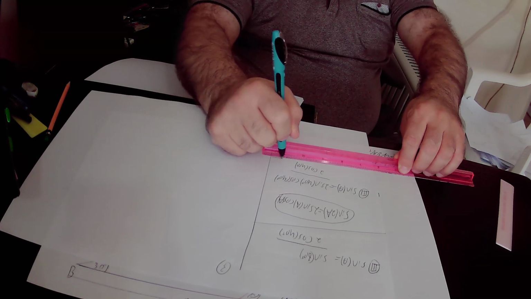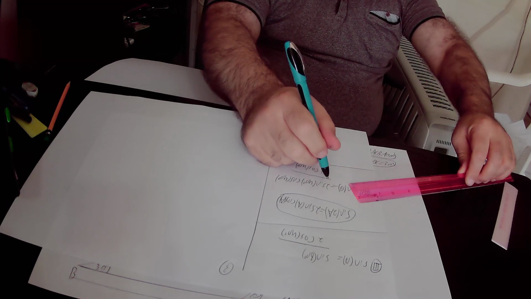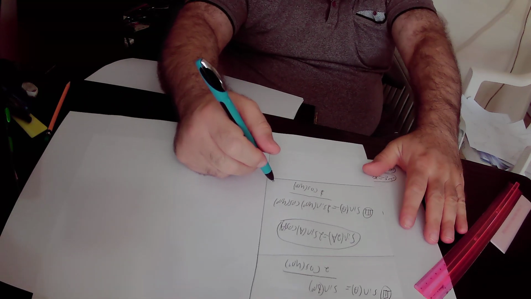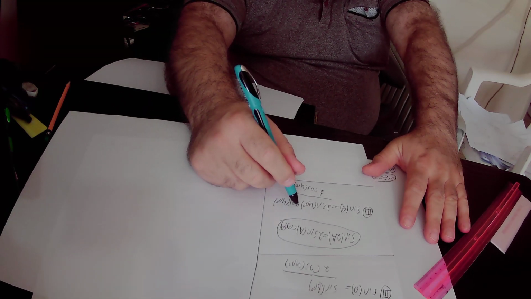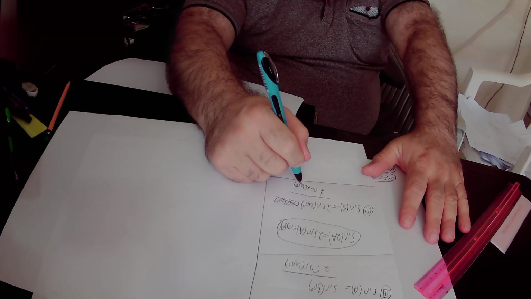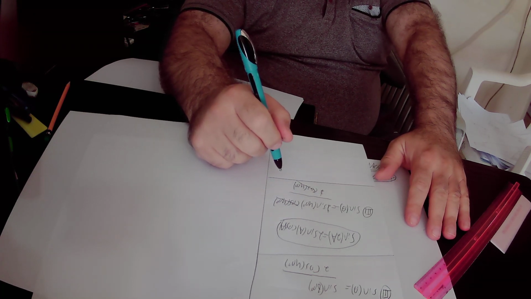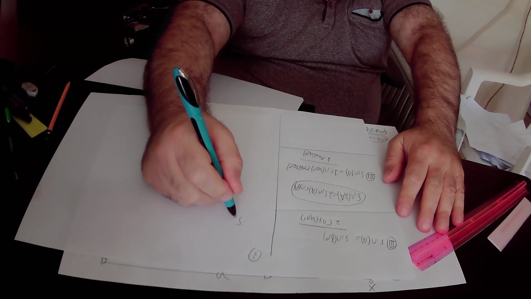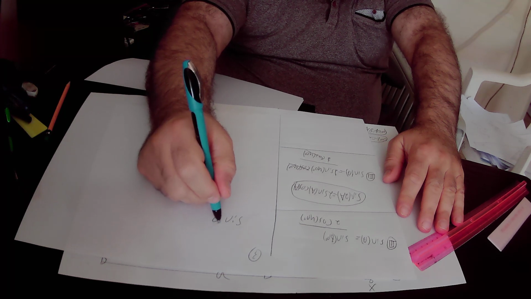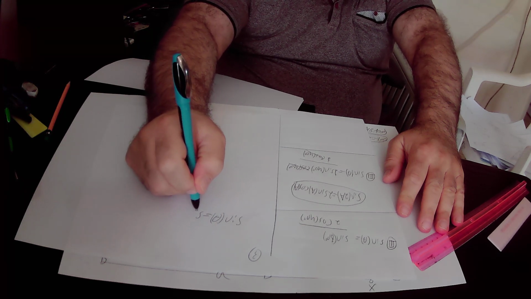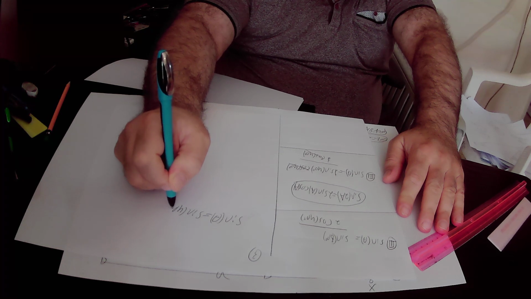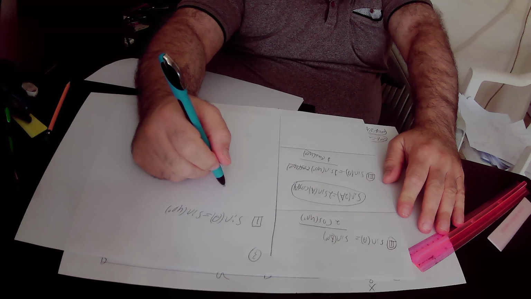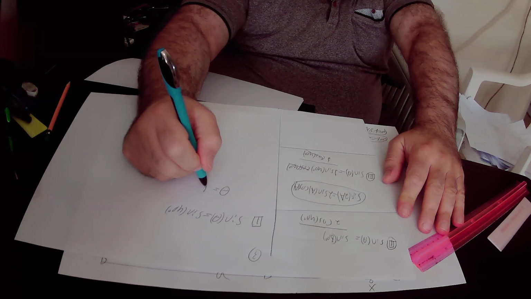Here we have 2 over 2 is 1, so 2 will get cancelled. We have cosine 40 degrees over cosine 40 degrees is 1, so cosine 40 degrees will also get cancelled, and we are left only with sine theta that equals sine 40 degrees. Sine theta equals sine 40 degrees means that theta equals 40 degrees.